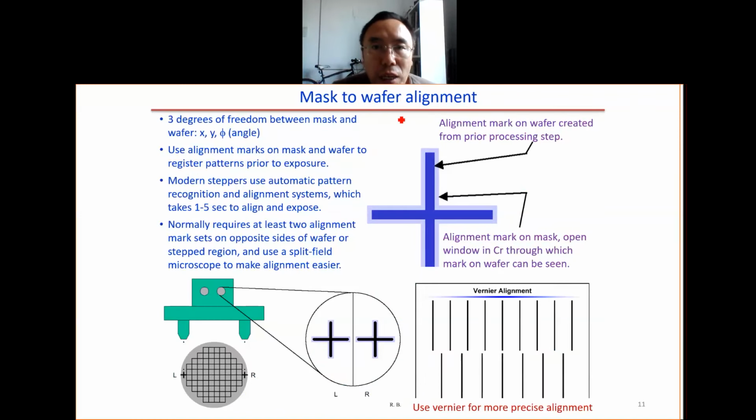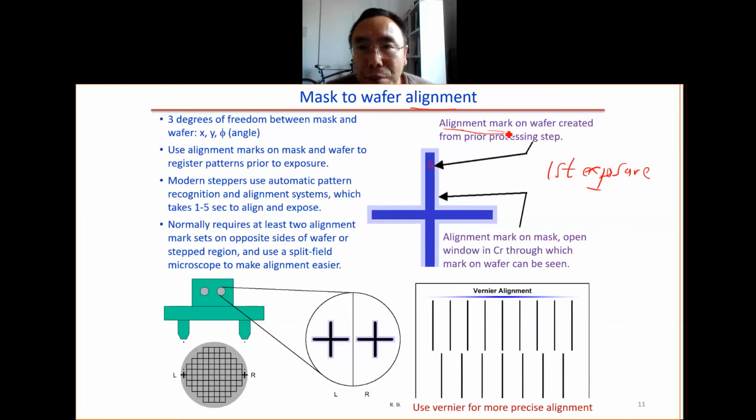So now let's look at how to do the alignment. Alignment is done using something called alignment marks. For example, in this case, when we do the first exposure, we pattern this part, the dark color part.